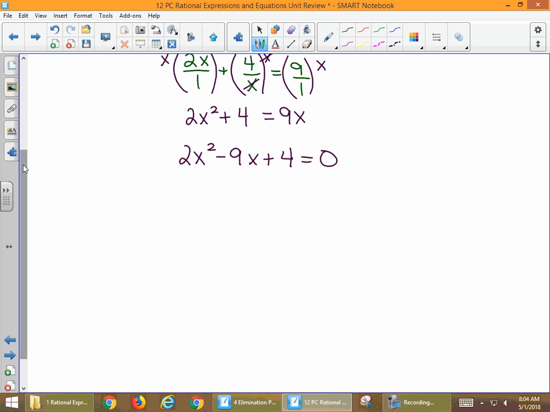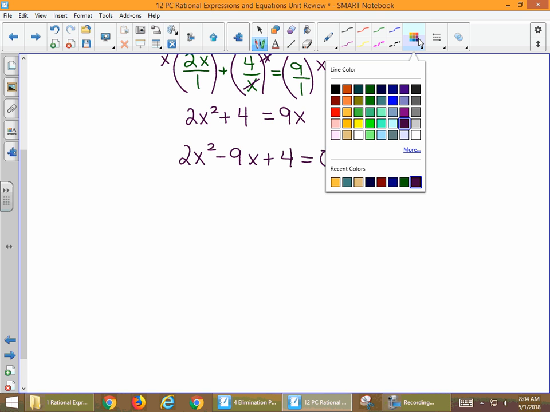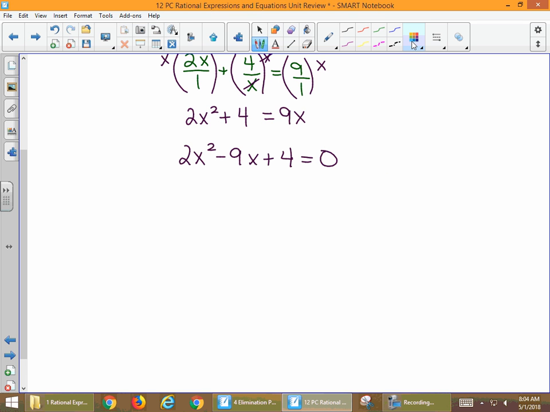And factor master. So, 2 times 4 is 8. Two numbers that multiply to positive 8 and add to negative 9 are negative 8 and negative 1. My first two terms have 2 in common and x.